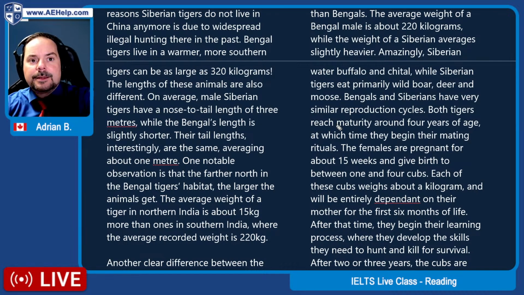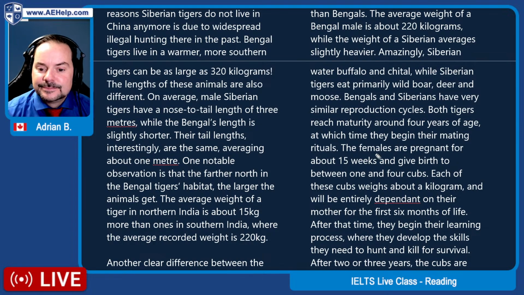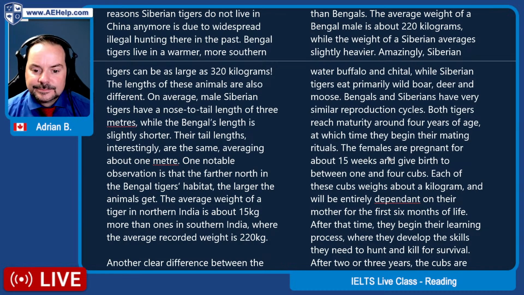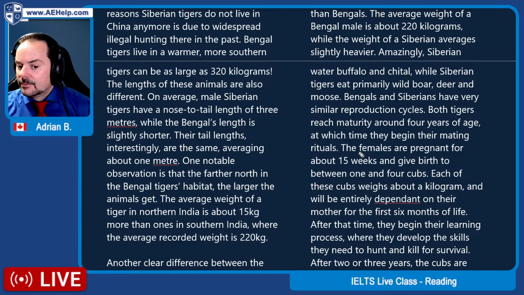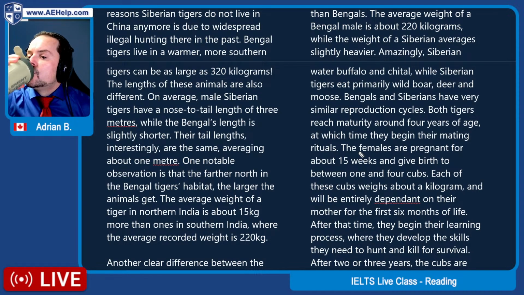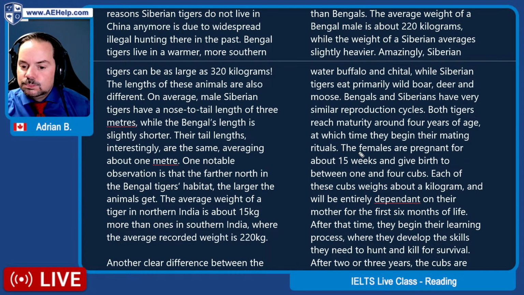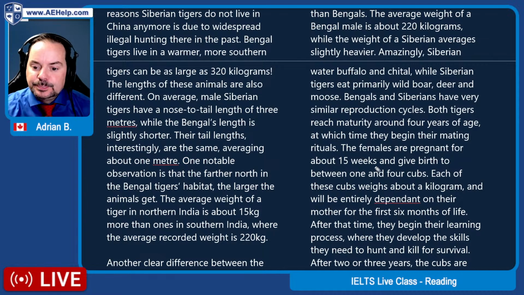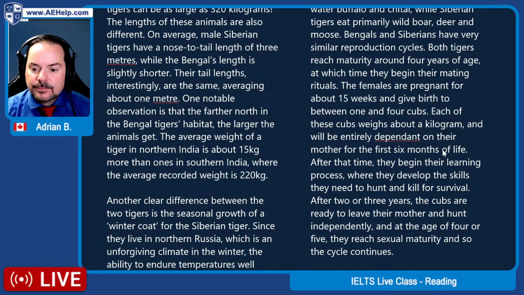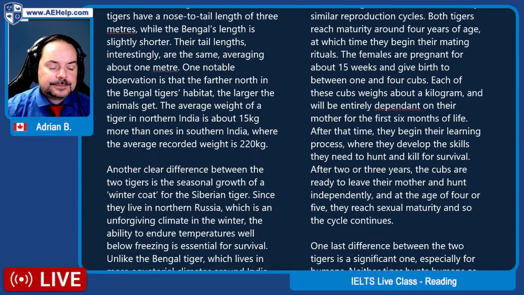Both tigers reach maturity around 4 years of age, at which time they begin their mating rituals. The females are pregnant for about 15 weeks and give birth to between 1 and 4 cubs. Each of these cubs weighs about a kilogram and will be entirely dependent on their mother for the first 6 months of life.